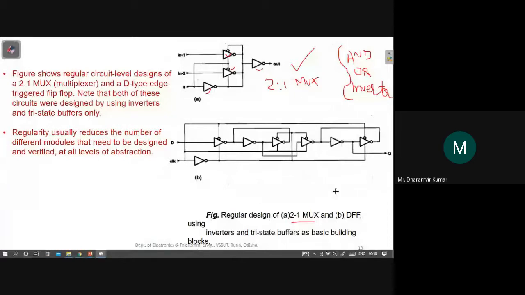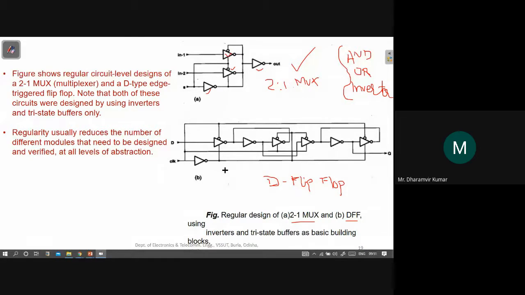Now here, this is a D flip flop. In your digital electronics subject, if you remember the circuits of those flip flops, the SR flip flop, JK, master slave, and D flip flops, you might recall that those consisted of inverters, AND gates, and OR gates.